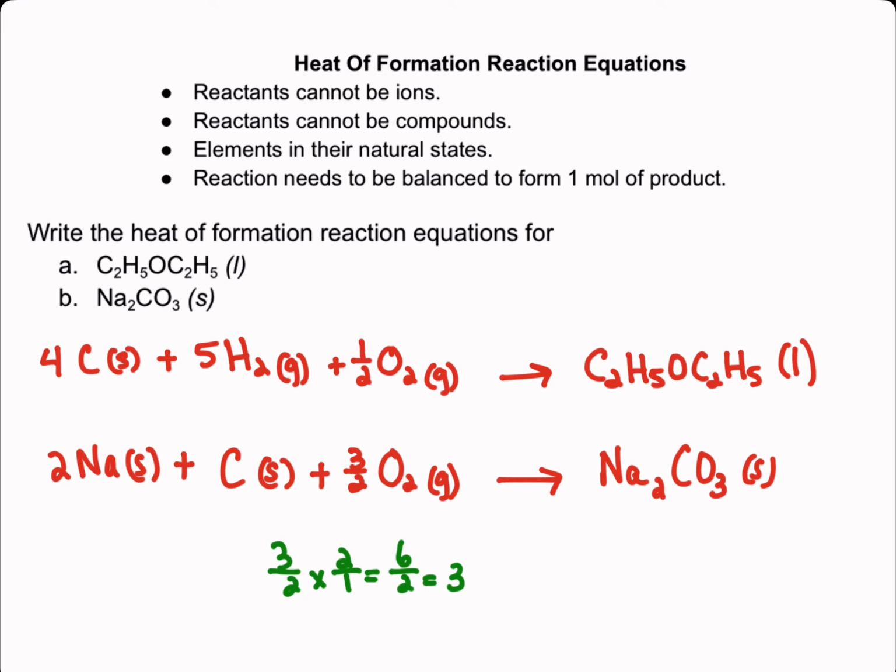So I had to use a fraction for the coefficient. 3 over 2 times 2 gives me 3 oxygens. So 1 mole of this product is formed by 2 sodiums, 1 carbon, and 3/2 O2 molecules. Good luck and keep practicing.